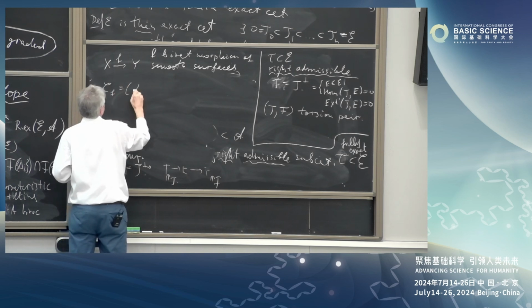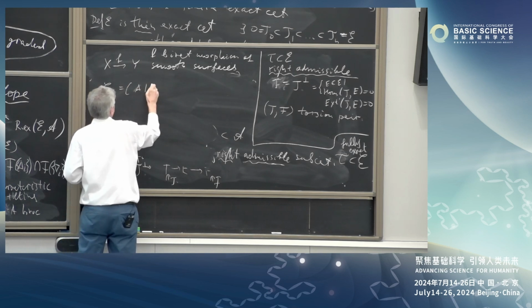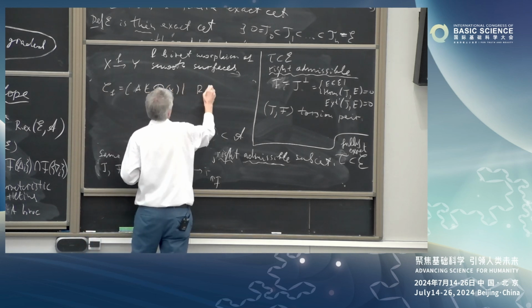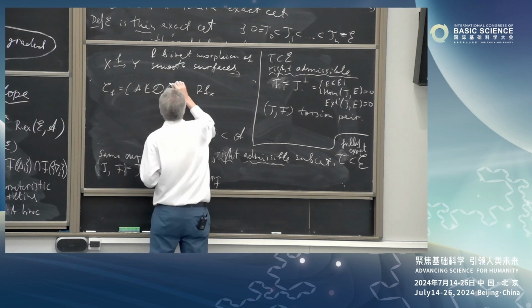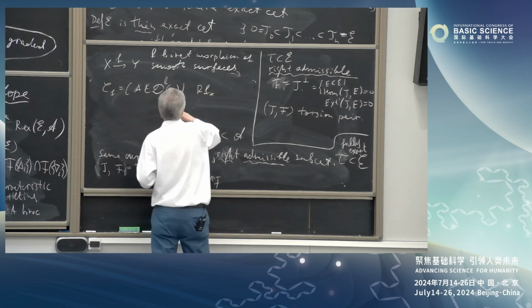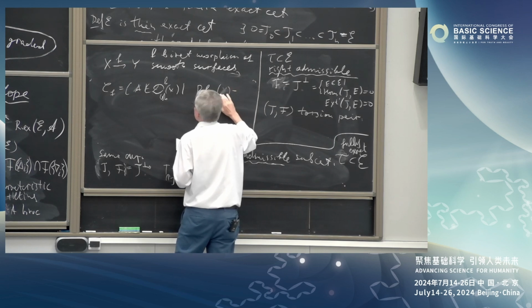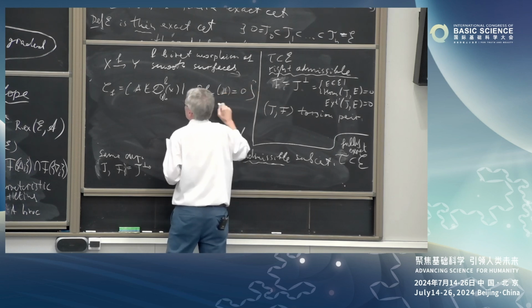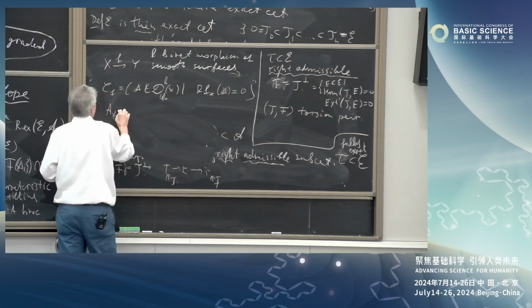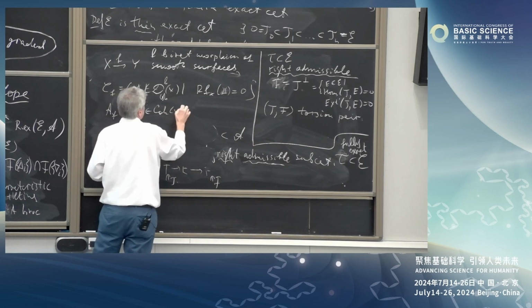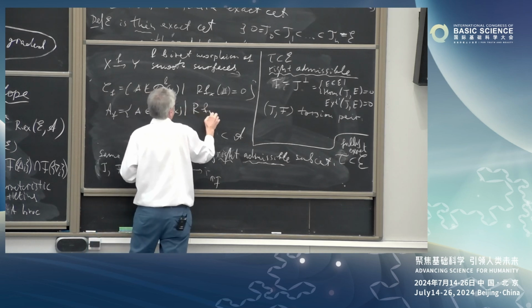These are objects in the bounded derived category of coherent sheaves on X, so it's about algebraic geometry now, such that RF lower star is trivial, and we have a similar category AF, where A is just coherent sheaves on X, but still with the same derived property.